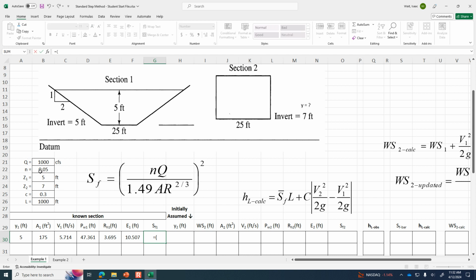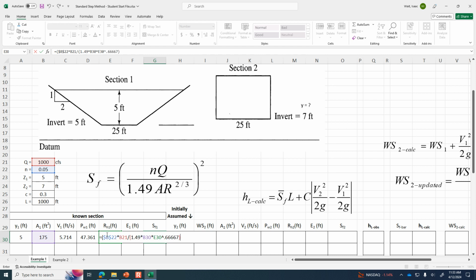So equals n times Q divided by 1.49 times the area times the hydraulic radius to the power of 2/3, so 0.66667.